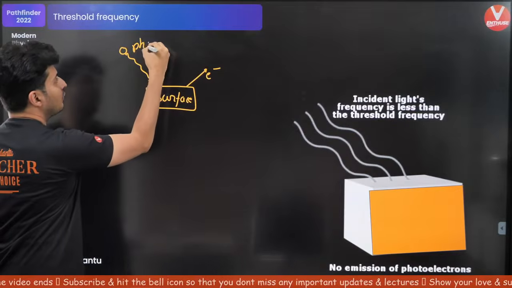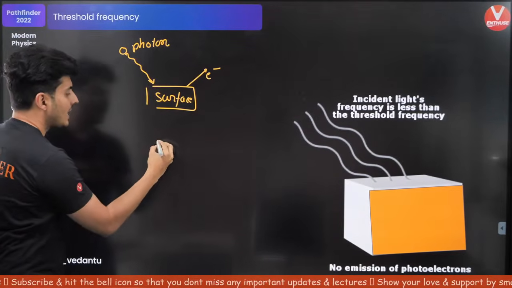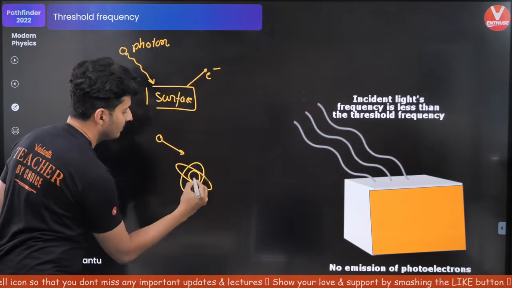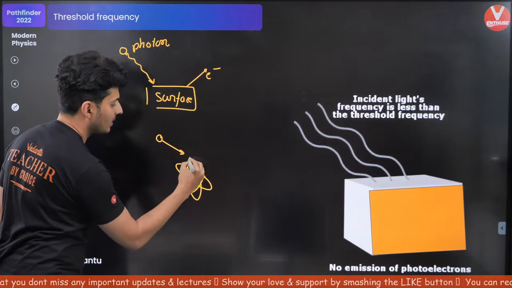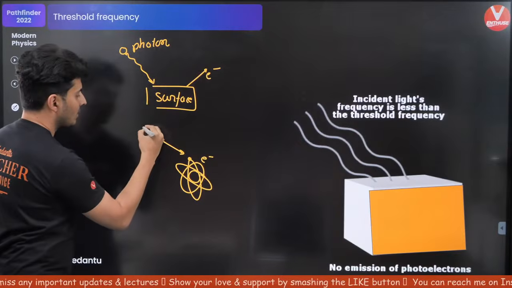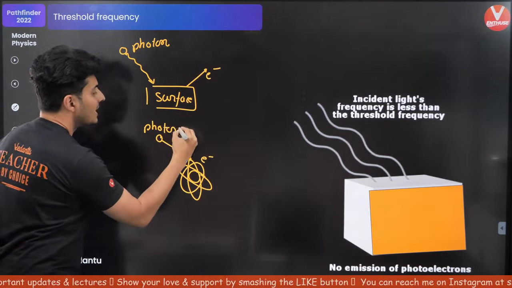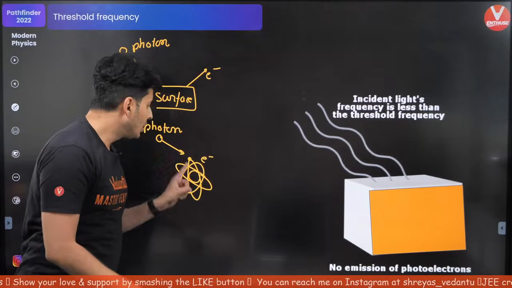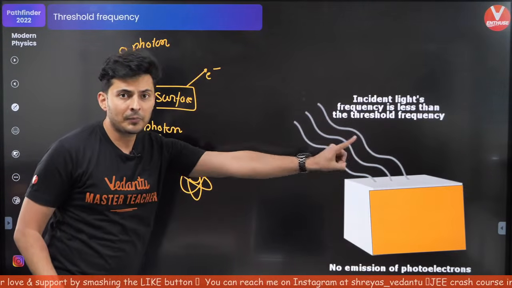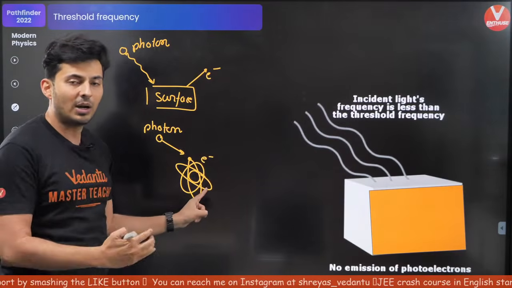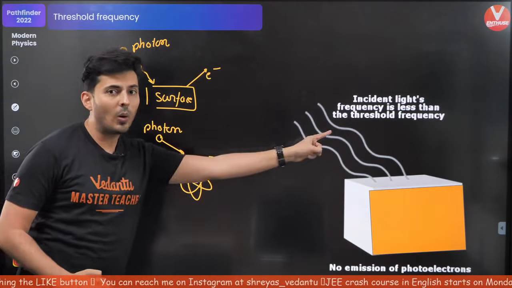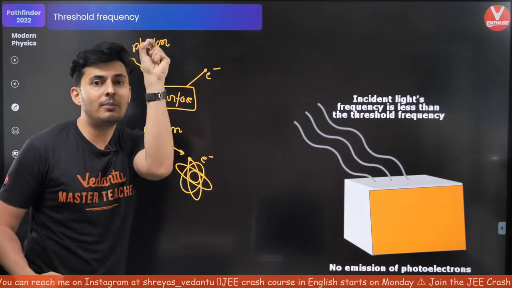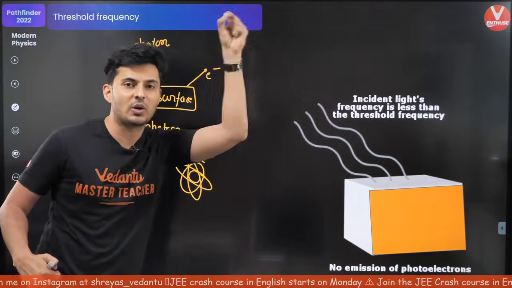When this photon interacts with an atom, so this is my atom, this is my electron, this is my photon. If the photon lacks the energy to knock that electron out, then the electron will not even come out, and there will be no photocurrent, because the photon lacks that minimum energy to knock out that electron.